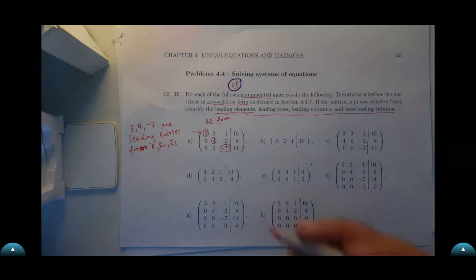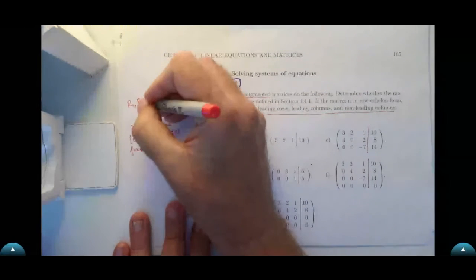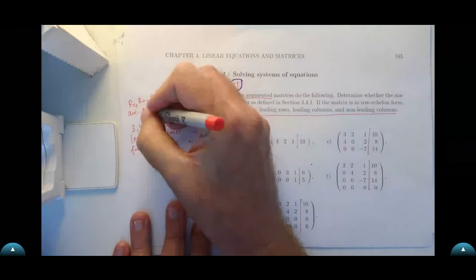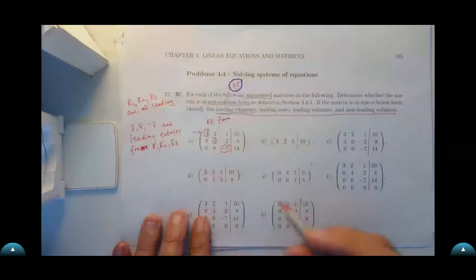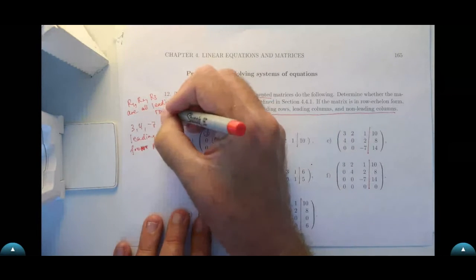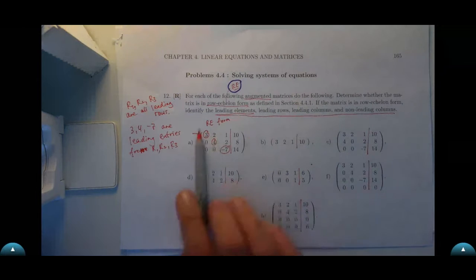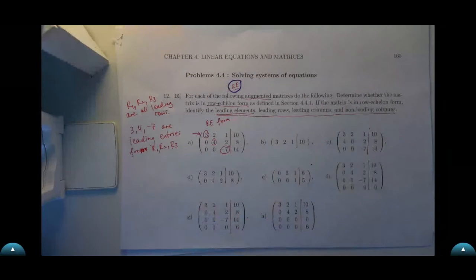So we would say row 1, row 2, and row 3 are all leading rows, because none of them are all zeros, and they all have a leading entry.